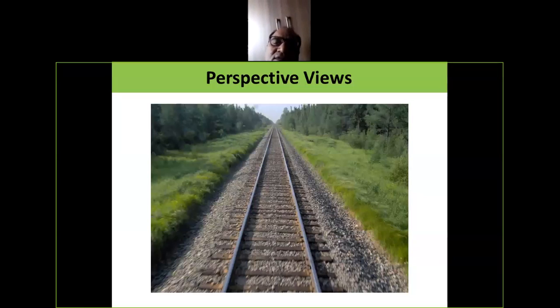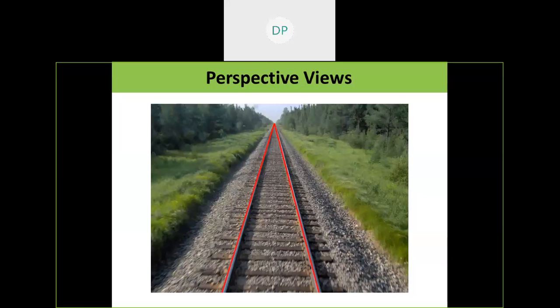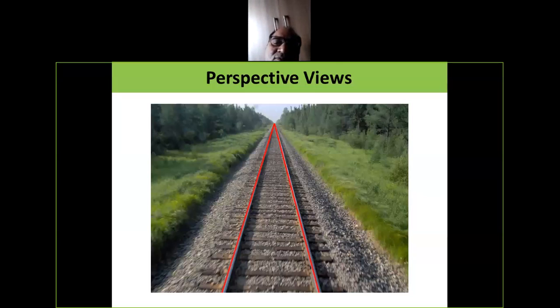This has been seen from a distance and from nearby, and this is what it looks like. This is the perspective view. We have taken that at one point two lines are joined. So this is an example of perspective view.